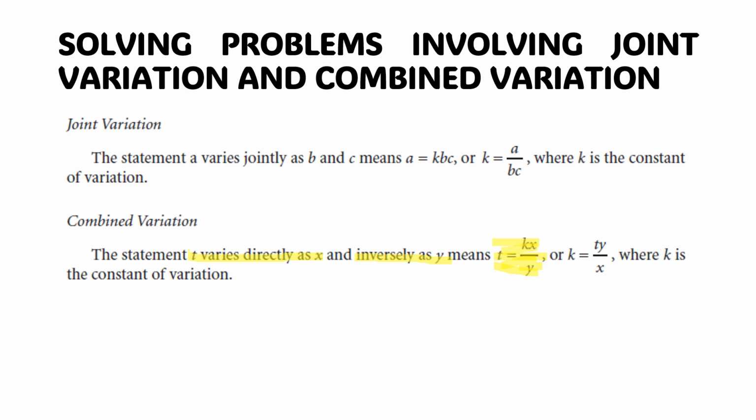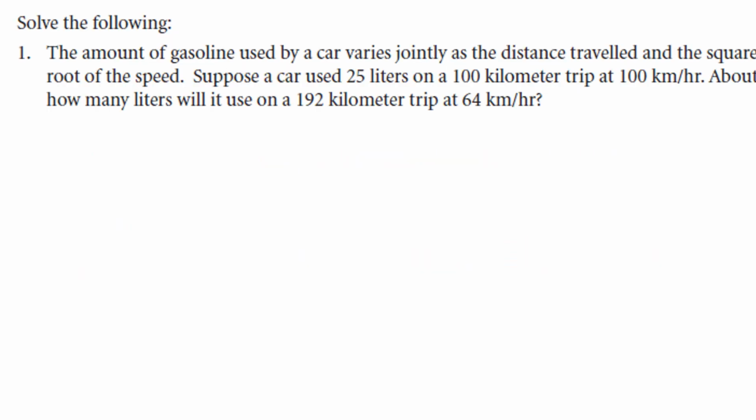I gave examples of a real-life scenario in which joint variation is used, and another example for combined variation. Now, let's have this example. Solve the following questions. The amount of gasoline used by a car varies jointly as the distance traveled and the square root of the speed.